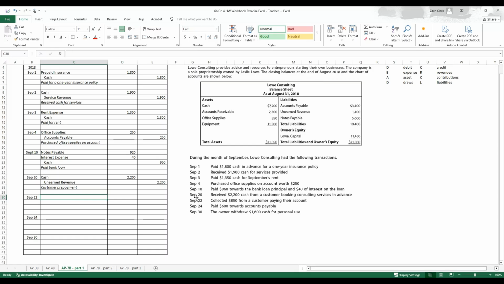September 22nd, so here we are, we collected $850 from a customer paying their account. So let's translate this here. So right away we know we got money, we collected cash. Cash is an asset, debits are an increase to assets, so we increased our cash by $850. And when we see this terminology, a customer paying their account, that's essentially saying they had a balance owed to us.